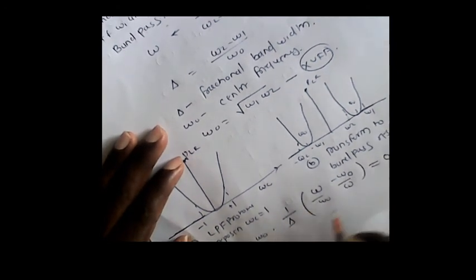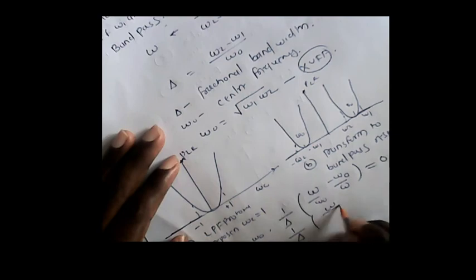So this can be done in the low pass response when omega is equal to omega 0. At that time we get 1 upon delta, omega divided by omega 0 minus omega 0 divided by omega. So we get 0 response when omega equals omega 1 upon delta.